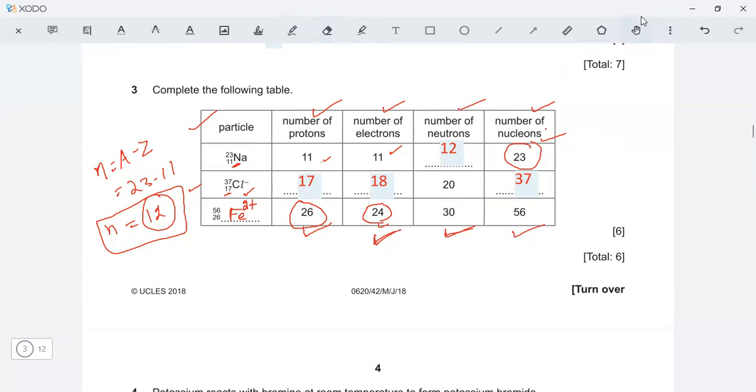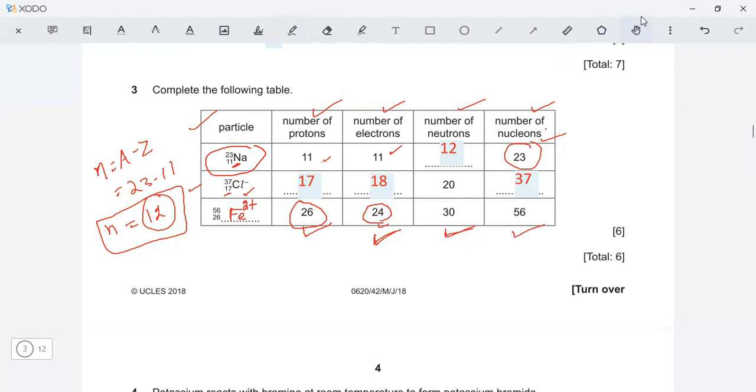So we have to fill the blanks. Now look at the particles. First one, sodium. Here the atomic number is 11, and the nucleon number is 23. They already mentioned the proton number 11, the number of electrons is also the same, 11, and the number of neutrons is to be written.